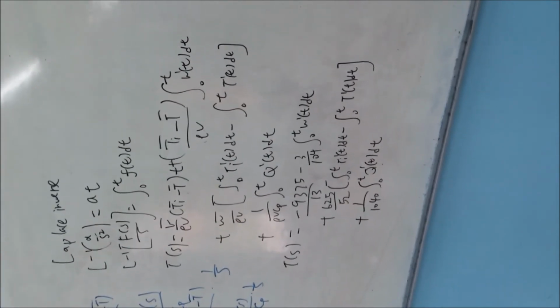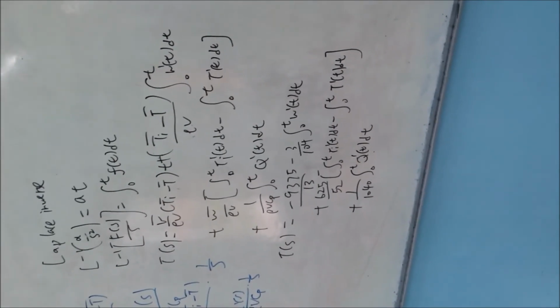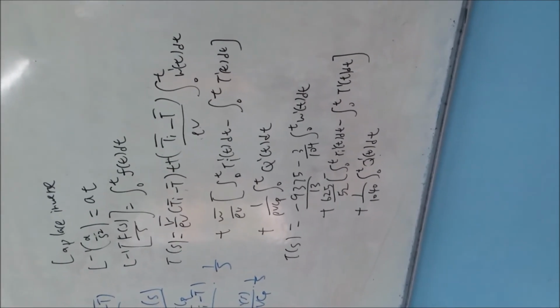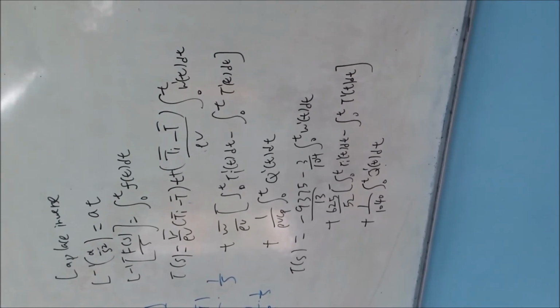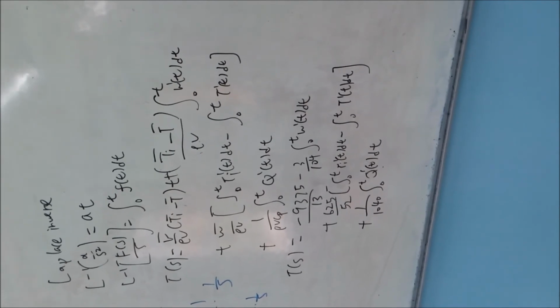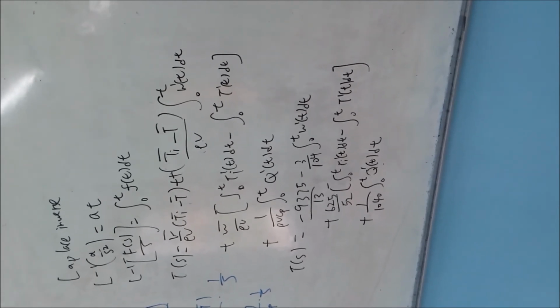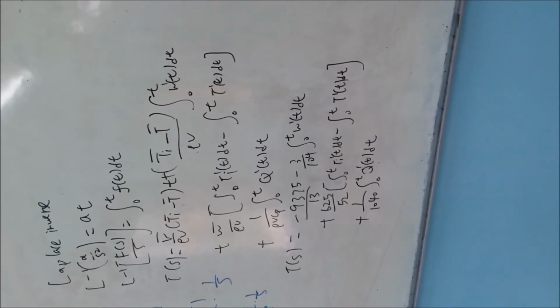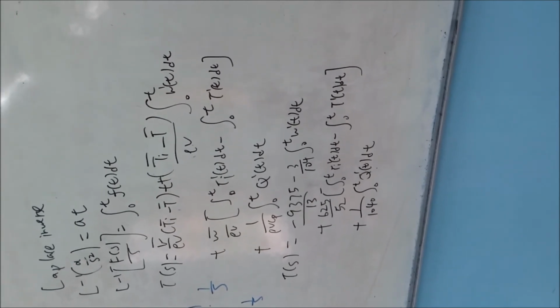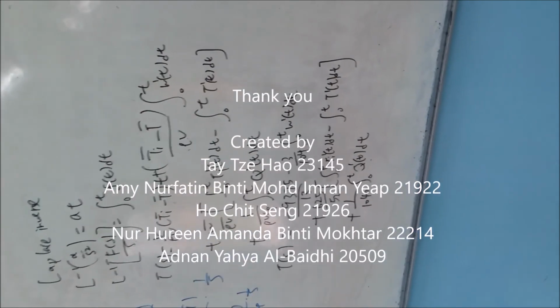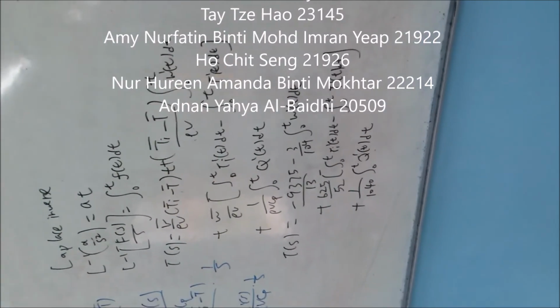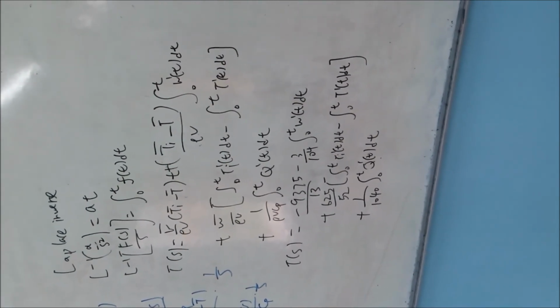So we finally get T(t) is negative 9375 over 13 times t minus 3 over 104 times the integral from 0 to t of w prime(t) dt plus 625 over 52 times the integral from 0 to t of t_i prime(t) dt minus the integral from 0 to t of t prime(t) dt plus 1 over 1040 times the integral from 0 to t of q prime(t) dt. So that is all. Thank you.